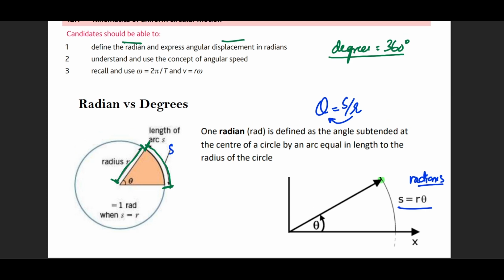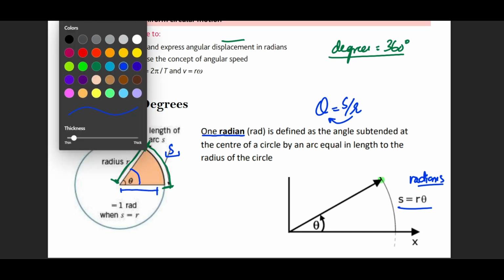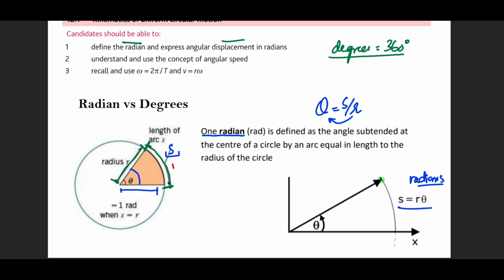Now, what is a radian? How is it defined? One radian technically is an angle subtended at the center under a special circumstance: when the arc length is equal to the length of the radius. For example, if the arc length is 15 centimeters, then the radius is also 15 centimeters.